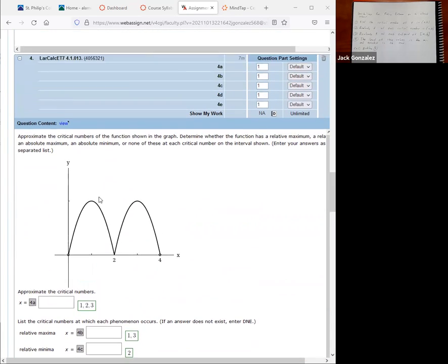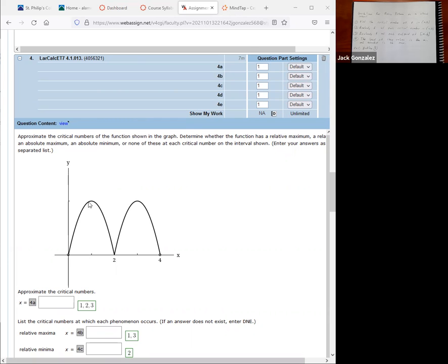All right, so remember what we said, right? Critical numbers are maximums or minimums, but they have to be closed. See how there's holes here? So right away, those are not going to be extrema. This one is going to be a minimum for sure. It looks like it's going to be the global minimum or absolute minimum. These are the peaks.